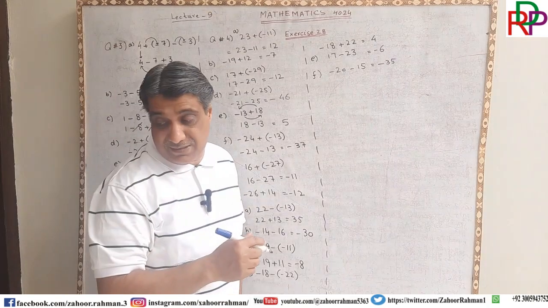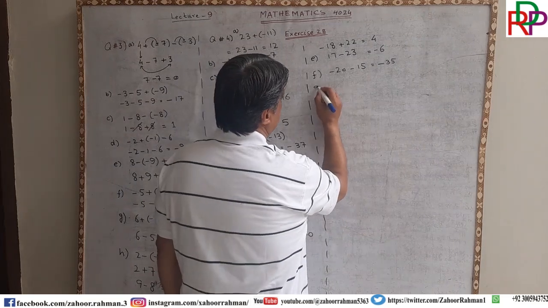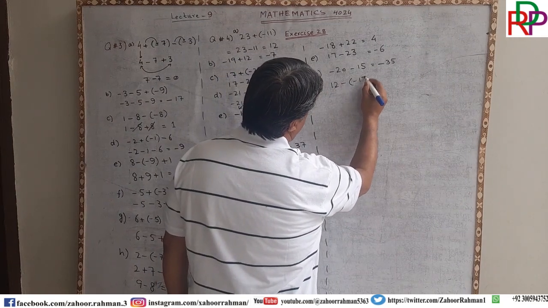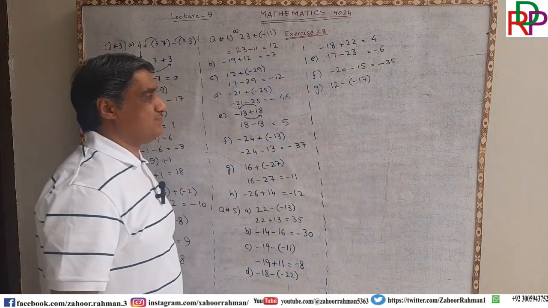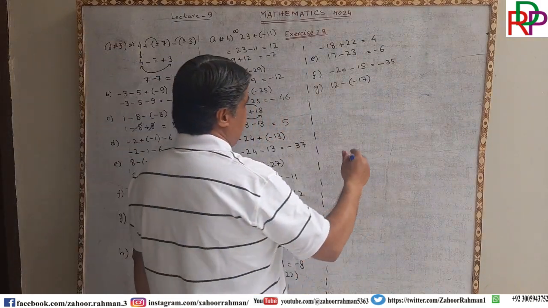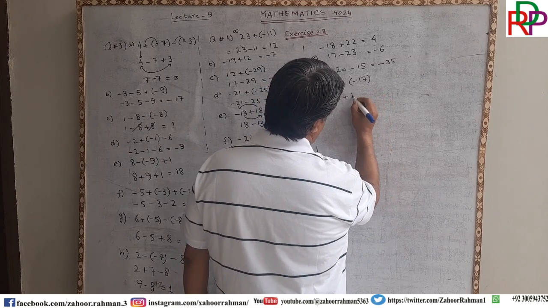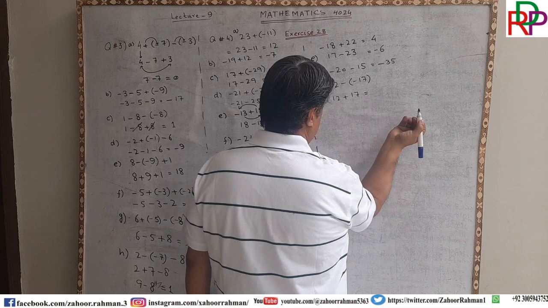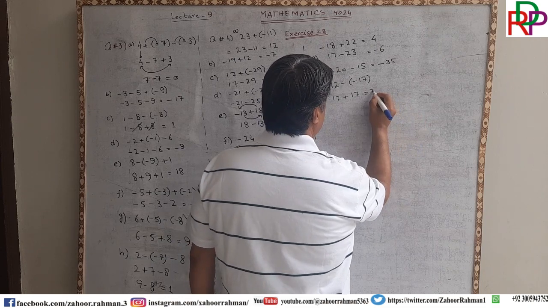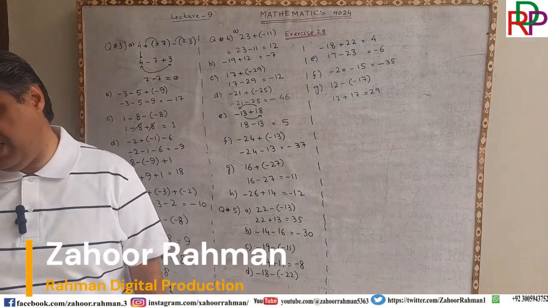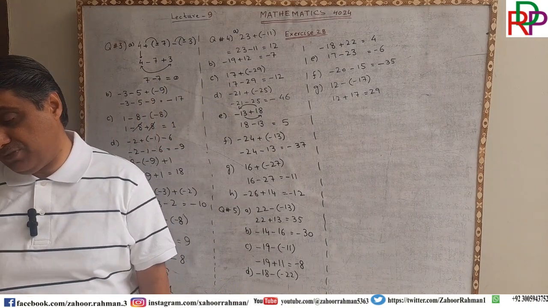So 12 minus 17, it means that we can write it as 12 plus 17, and that is equal to 29 with positive symbol because both the numbers are positive.